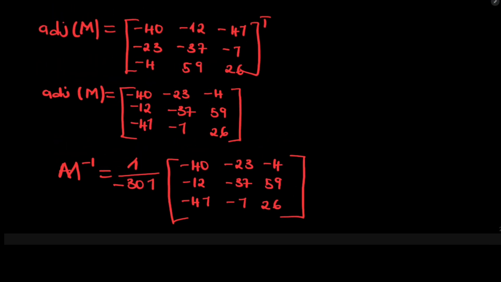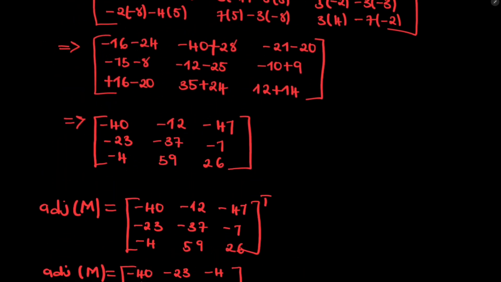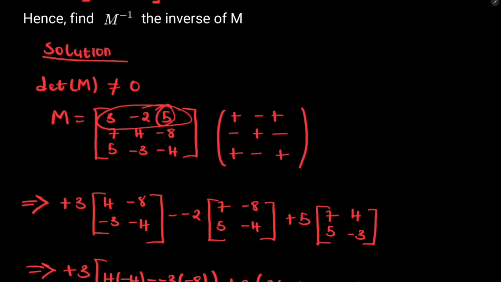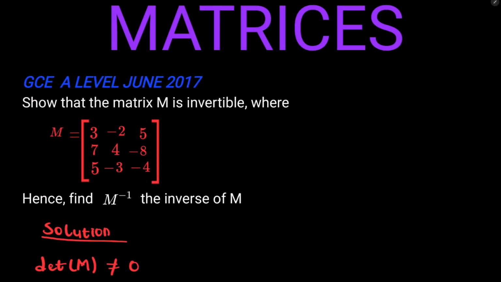So that is our inverse of M. We can multiply everything by this, but it is a fraction, so we can just leave it like that. So that is how this question is solved.